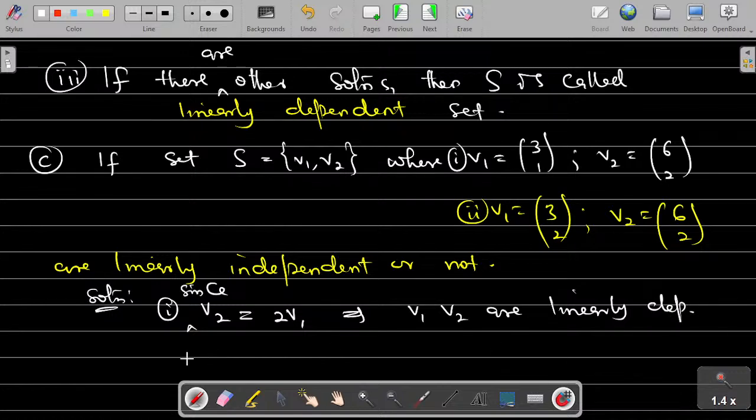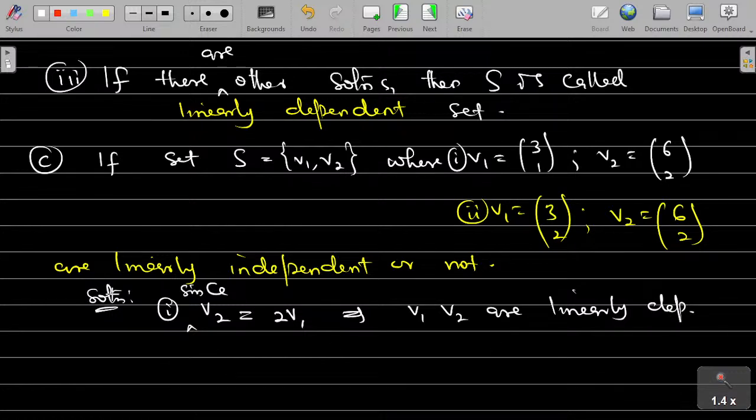And then for the second one, we can say, since of course you can see there is no multiple relationship here. Since V1 or V2 is not a multiple of the other.